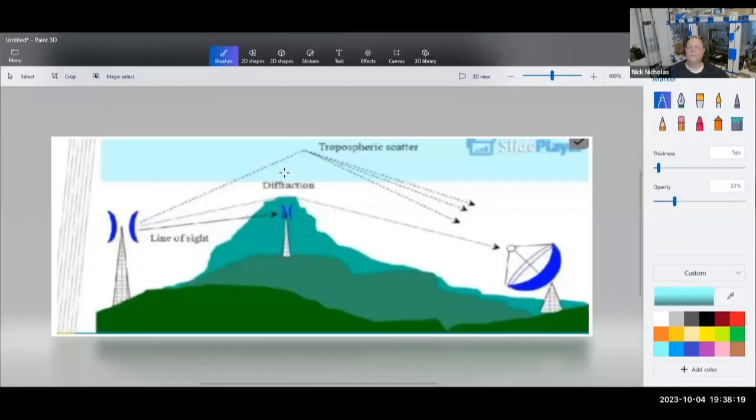Down below, way below the ionosphere, is a portion of the atmosphere called the troposphere. And you know this portion because you look at it every day. It's where the clouds are. It's where the humidity of the atmosphere is above us. It's where the rain falls from.